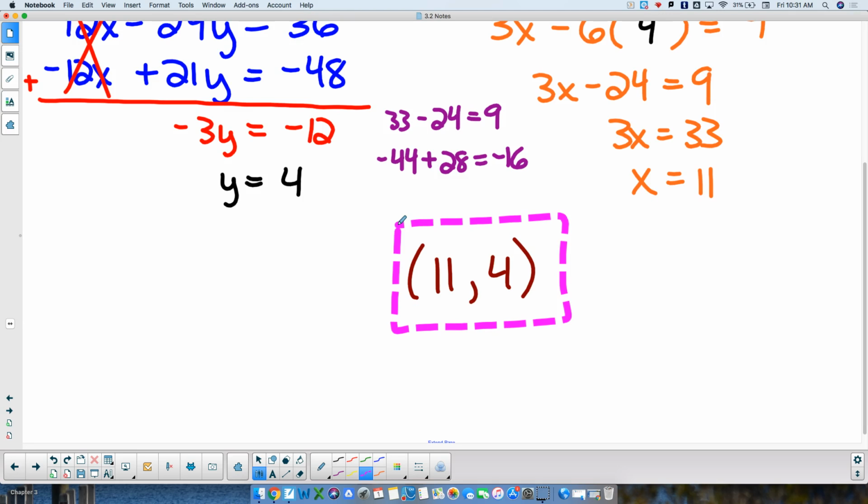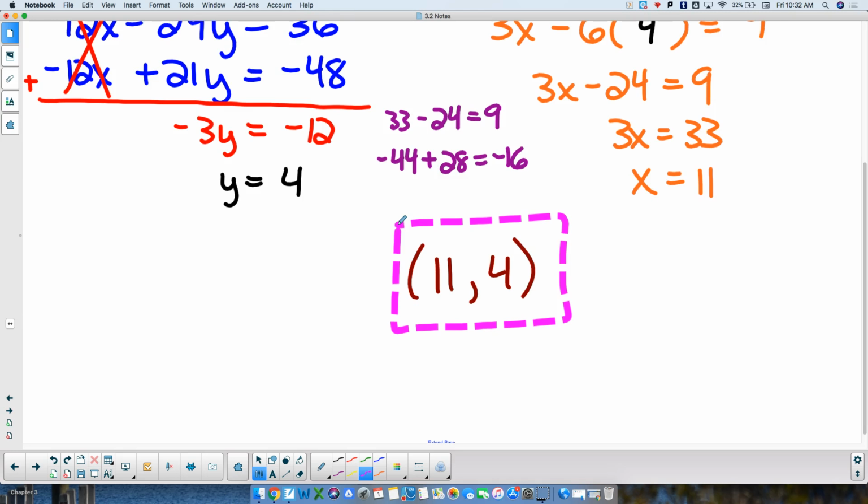Yes, ma'am. Are these just different ways to solve the same equations, or do you have to use one for a specific one? Right now, we're getting tools into our toolbox. Could you use substitution and elimination on the exact same one? Yep. Elimination is a little easier because we don't have to solve one equation for one variable.